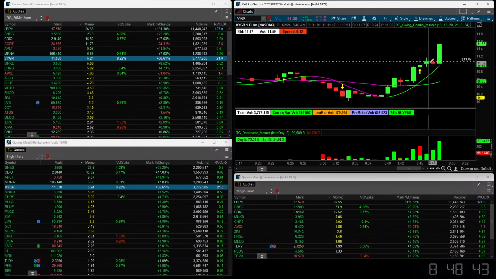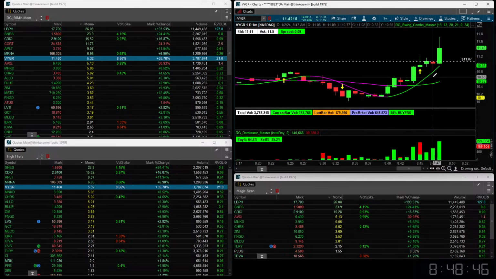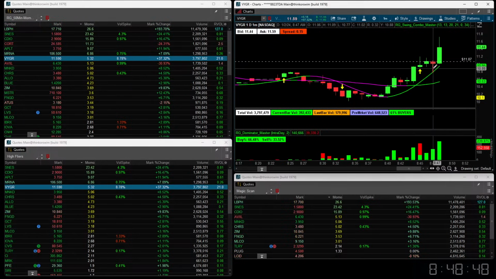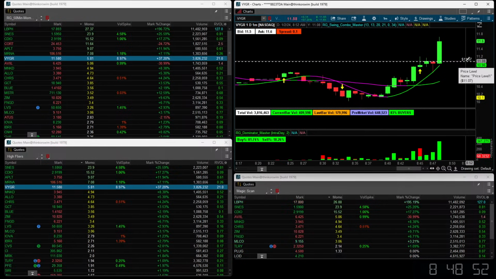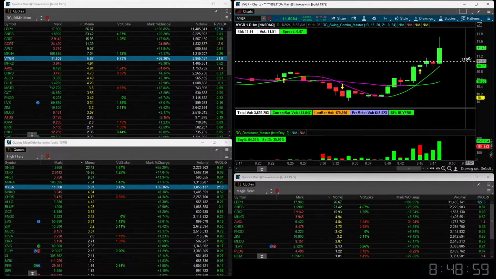So whenever we get a turnaround and it looks like it's going to give us a pullback, but you get a long wick on the bottom, that's an indication to get in. Good 50-cent candle there.